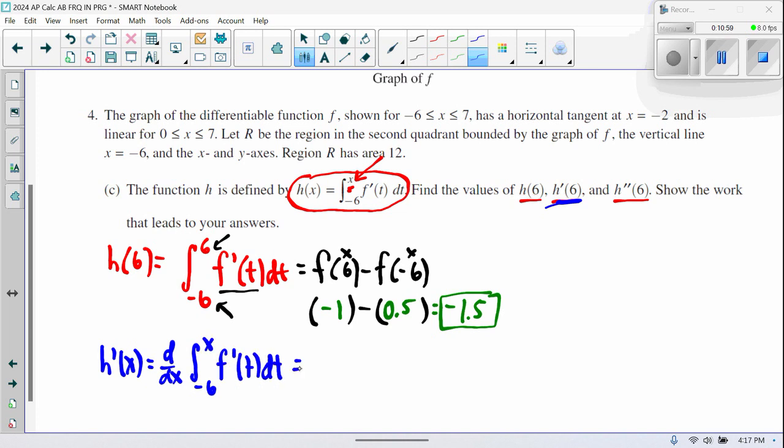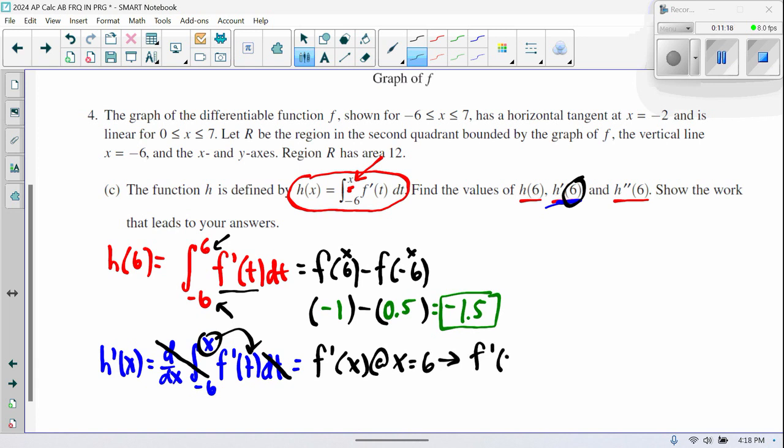Again, when I take the derivative of an integral, bye-bye dummy variable, this x goes in here, and it's f prime of x. I want that at an x value of 6. So f prime of 6.